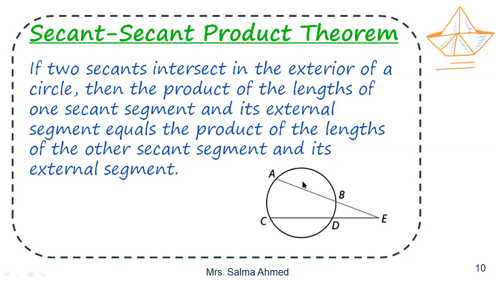If I have this circle and 2 secants, the theorem is saying if I multiply the whole secant AE times its external part, so AE times BE, it is equal to the other whole secant times its external part, which is DE. Let's say it in another way, AE times BE, which is the external one, equals CE times the external part, which is DE. This is the second theorem.